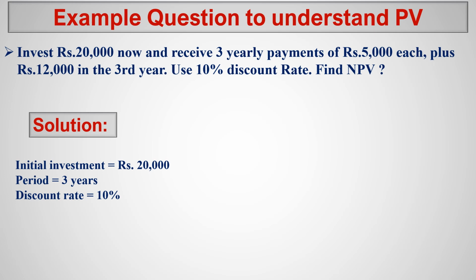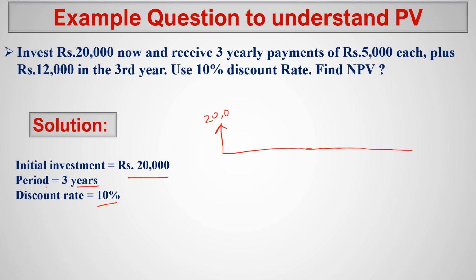So this is the given data. We have the initial investment of 20,000, a 3 year period and a discount rate of 10%. First thing we have to understand is the cash flow of this investment. So the cash outflow is 20,000.